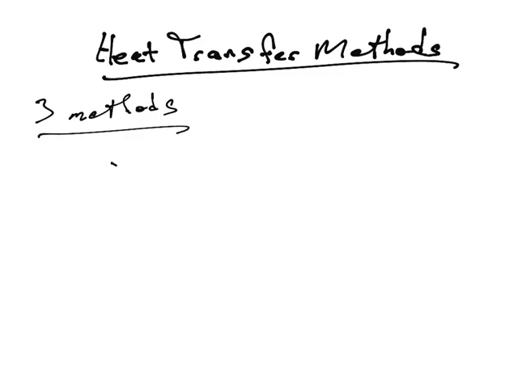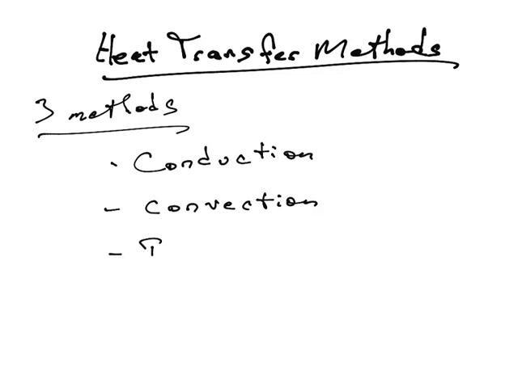And they are conduction, convection, and radiation. So, when an object gives heat away or takes heat in, it must do it in one of these three ways.